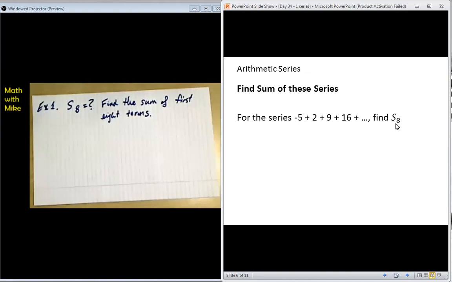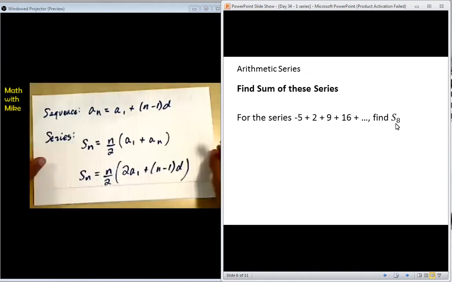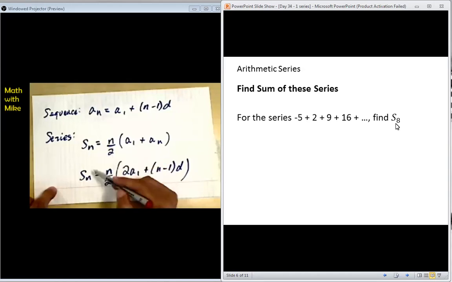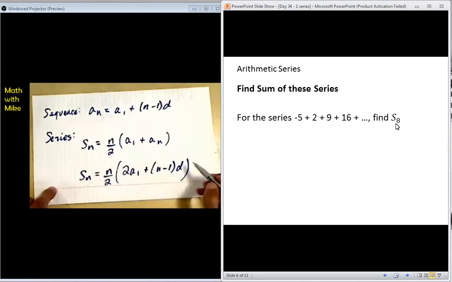Now, we have to decide which formula we're going to use to make this happen. So what I want you to know is n is for the number of terms, always, right? So that's just going to be 8 for the example we got on the screen there. Yeah, we can figure out D from our list, right?